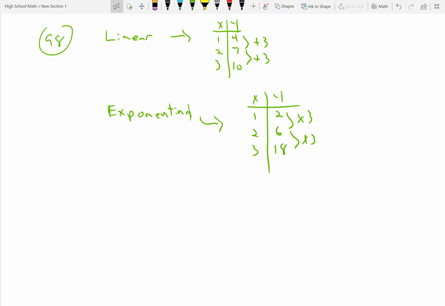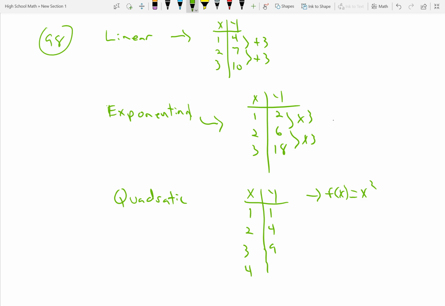In a quadratic, the second difference is constant. So our standard quadratic is, again, if we consider this function f of x equals x squared, just squaring everything. 1 pairs with 1, 2 pairs with 4, 3 pairs with 9, 4 pairs with 16.